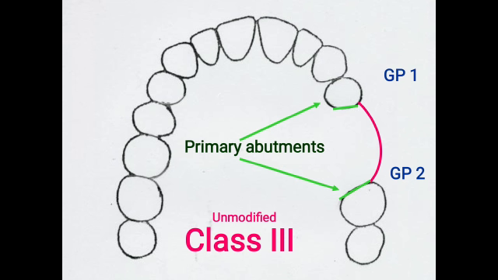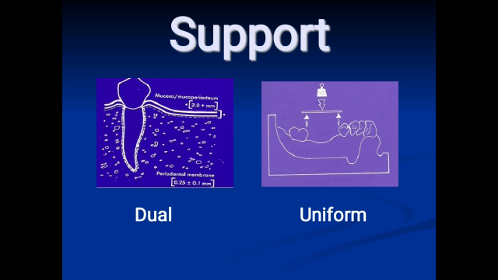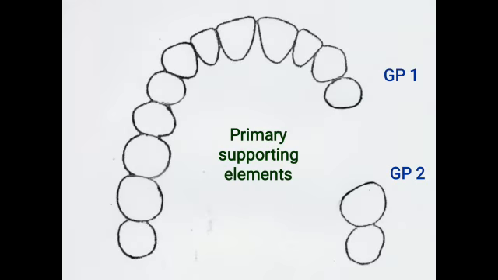Being a class 3, no load is given to the soft tissue here. All the load is borne by hard tissue, that is, the teeth on either side of the arch. Here you can see the load is being distributed uniformly between anterior and posterior teeth.